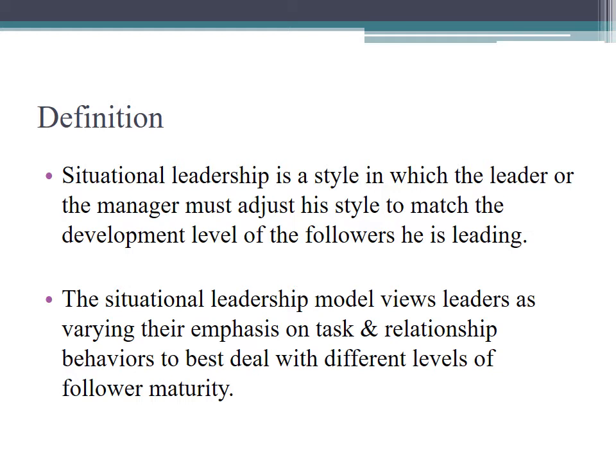If we go to the definition, the situational leadership model is a style in which the leader or the manager must adjust his style to match the development levels of the followers he is leading.